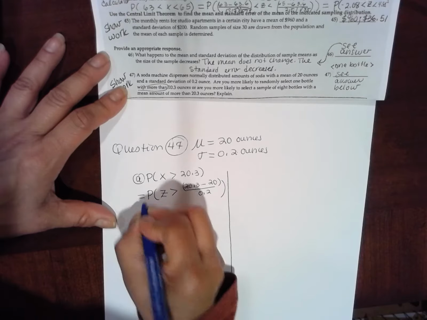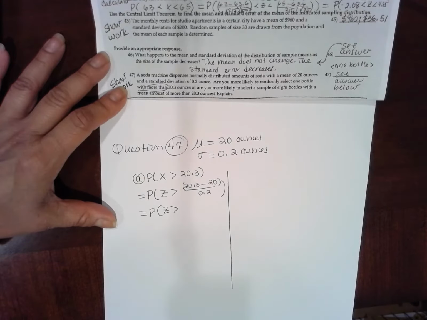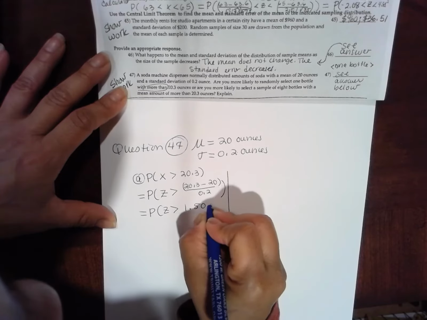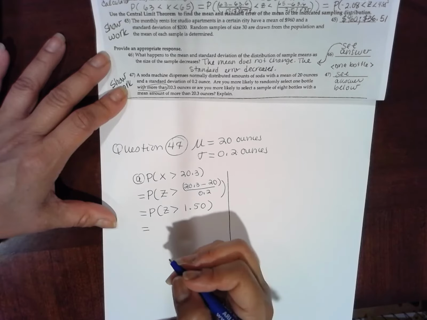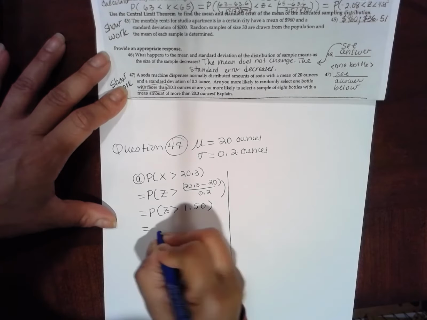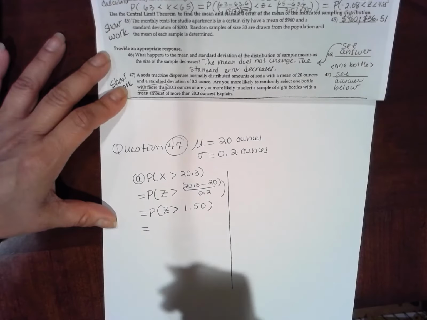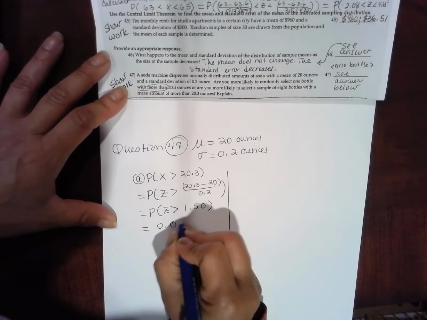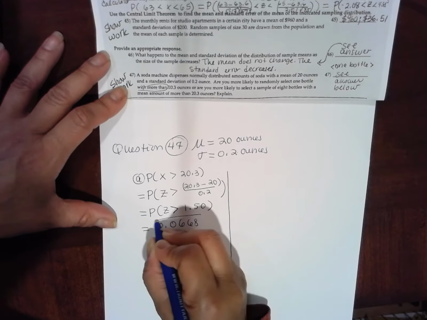Once you enter that in your calculator, you're going to get the value of 1.5. You're going to find this in the table of values. And remember, it's going to be 1 minus the value in the table because this is greater than. Your final answer for this particular question will be 0.0668.